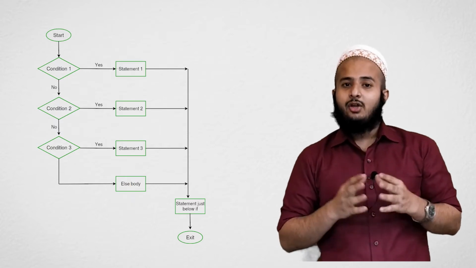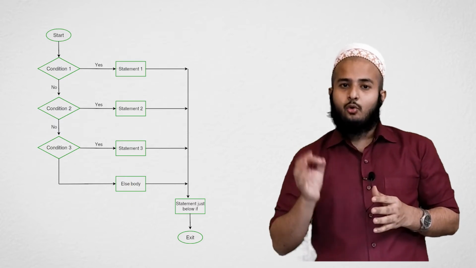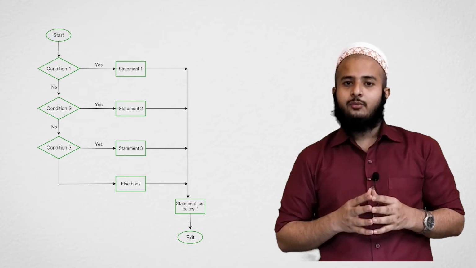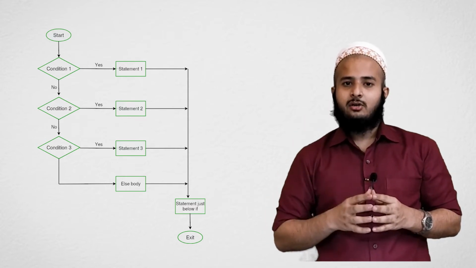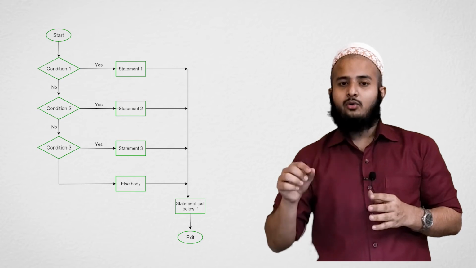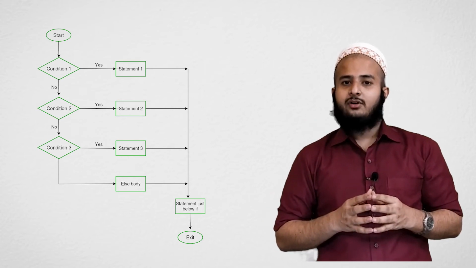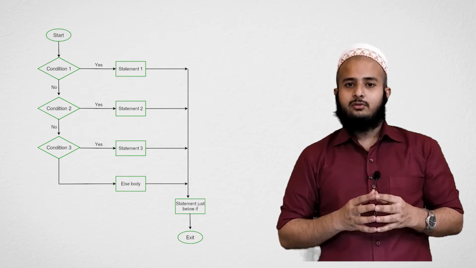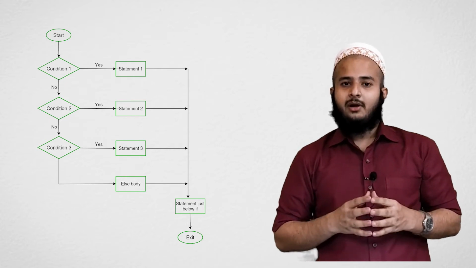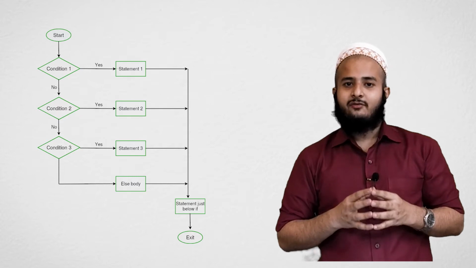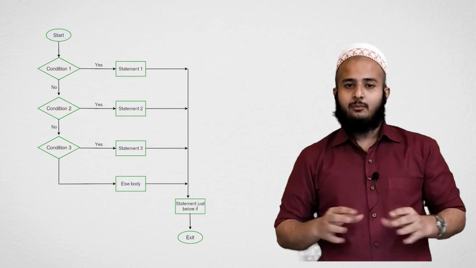Now if any condition gives true result, then it performs the task of that condition and the control comes out of the else if ladder block and performs the code after the else if ladder block. So now let's move on to the program and see an example of else if ladder.